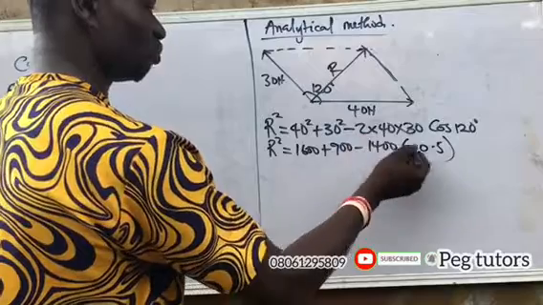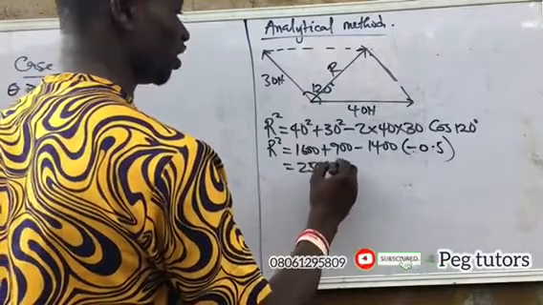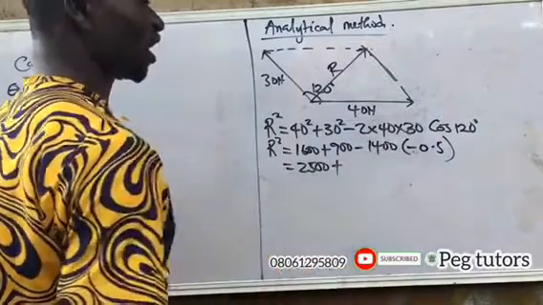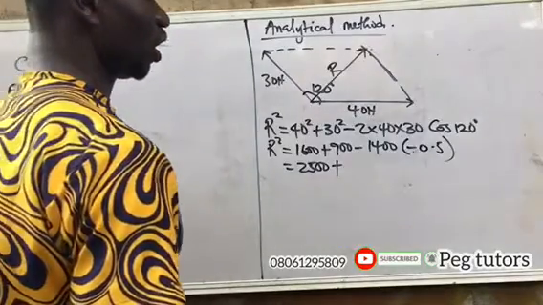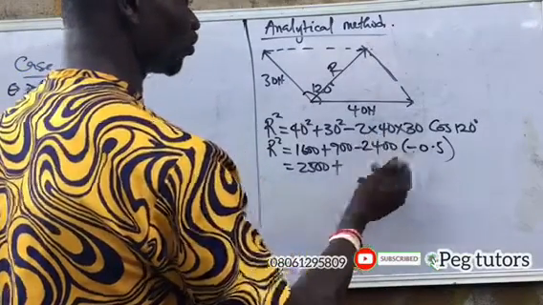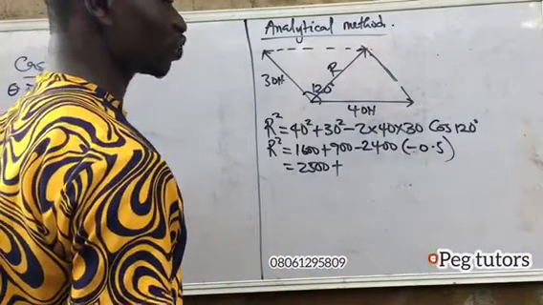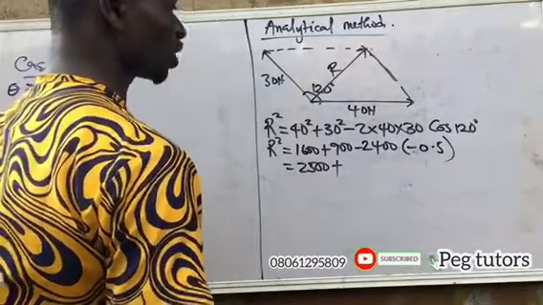Minus times minus is plus, so 0.5 times 2,400 is 1,200.